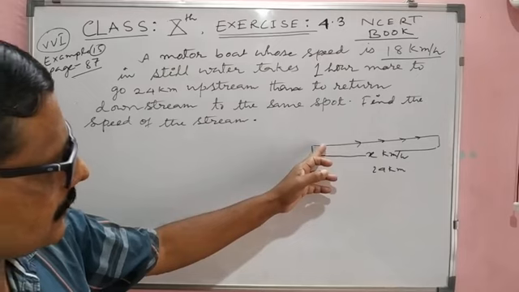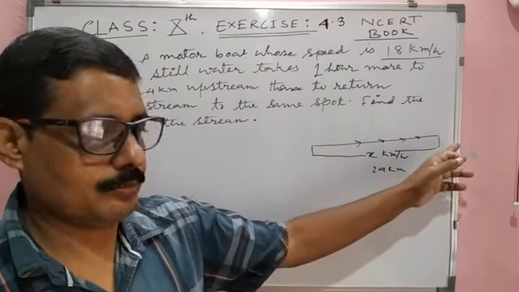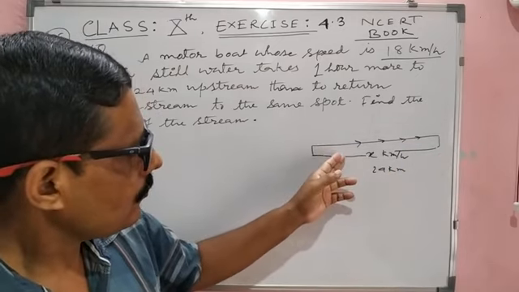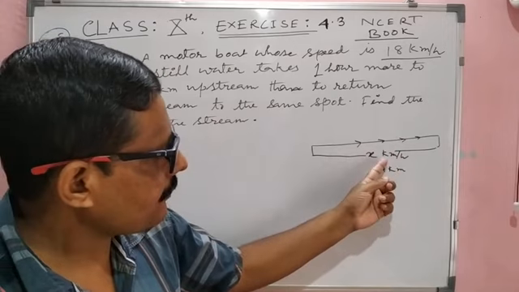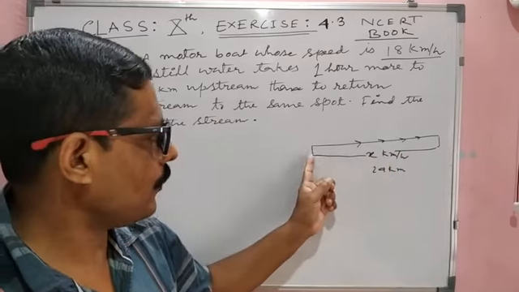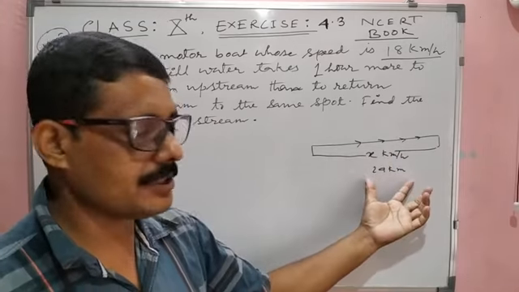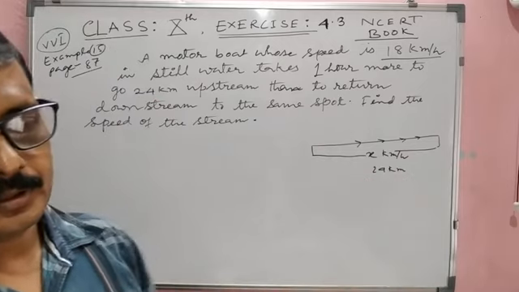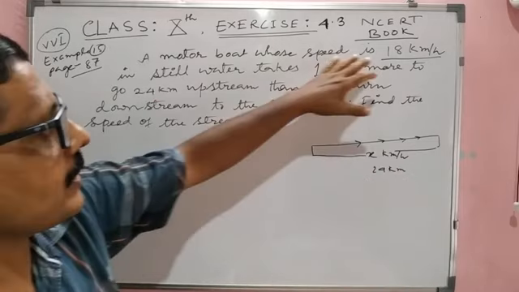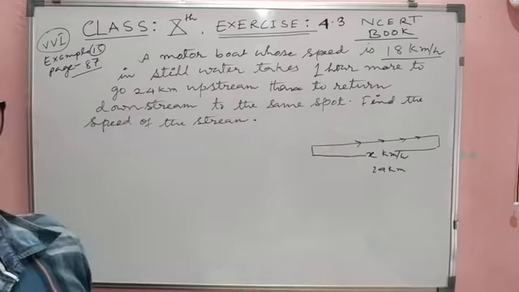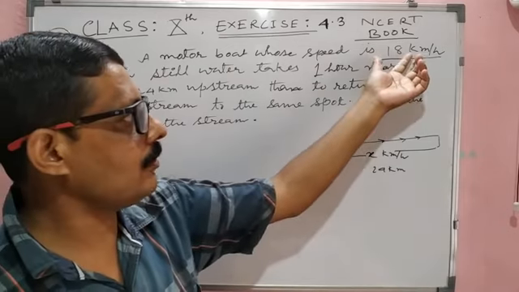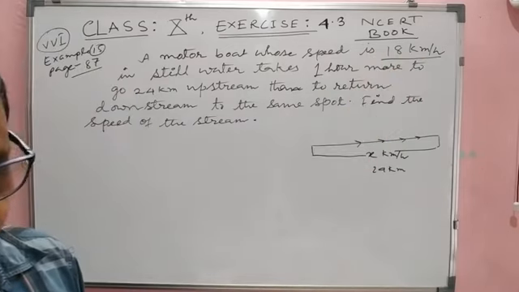Let us suppose this is the direction of stream, and the speed of stream is x km per hour, and from here to here the distance is 24 km. Now the speed of boat in still water is 18 km per hour.